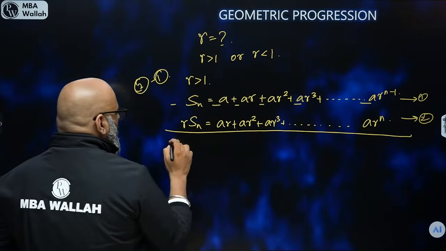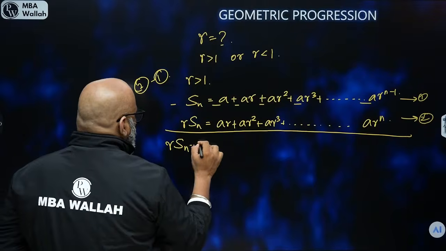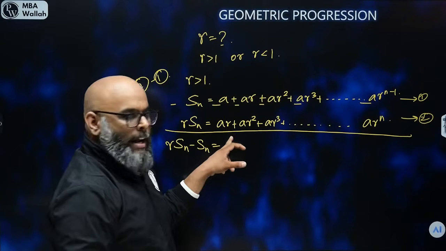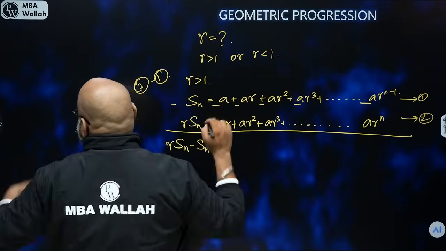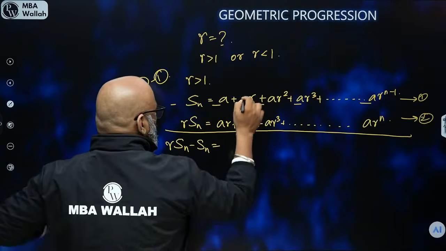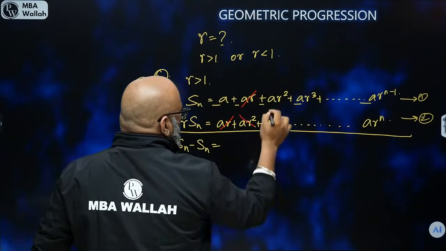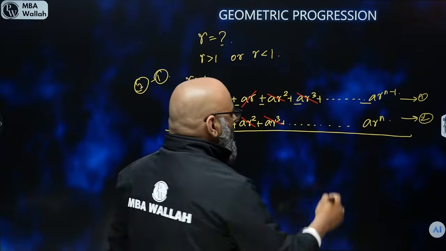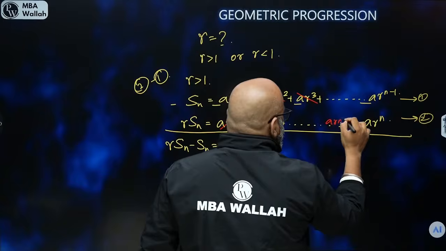So on the left hand side, we'll have RSn minus Sn is equal to, I have AR here, I have minus AR here. These two will get cancelled. Everything will get cancelled. There will be an AR power n minus 1 here.